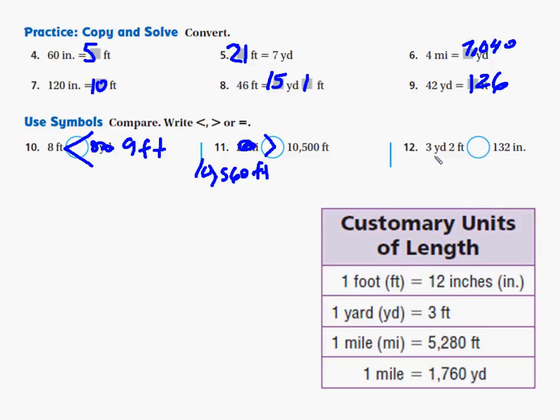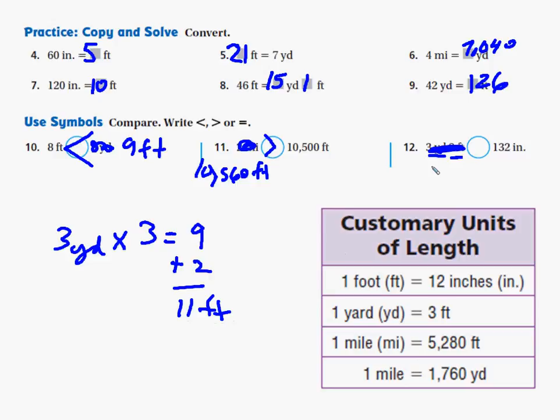So that means there's 3 yards and then 2 feet left over. So I change this to feet, and then I add these extra feet. So 3 yards. Yards to feet are big to small. So that's multiplication. How many feet in a yard? 3. So that equals 9. Now I add these 2 extra feet. That gives me 11 feet.